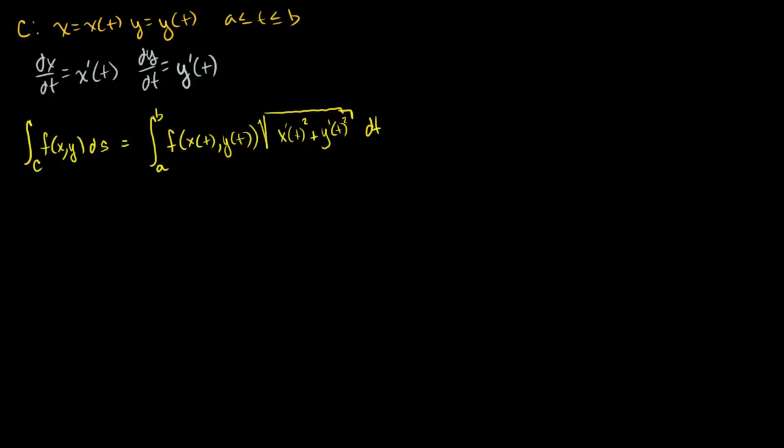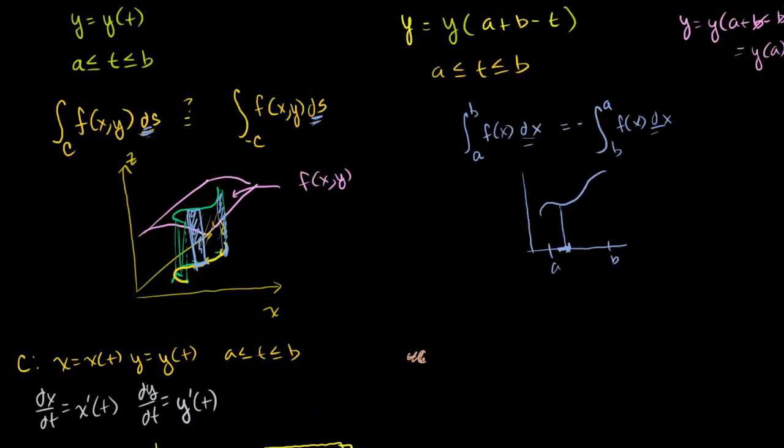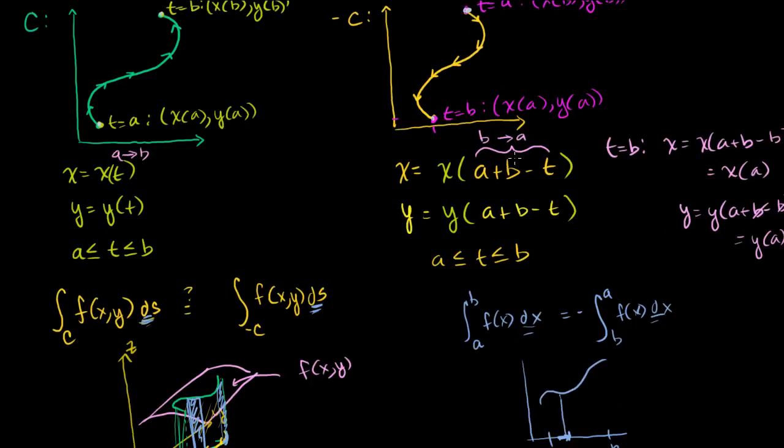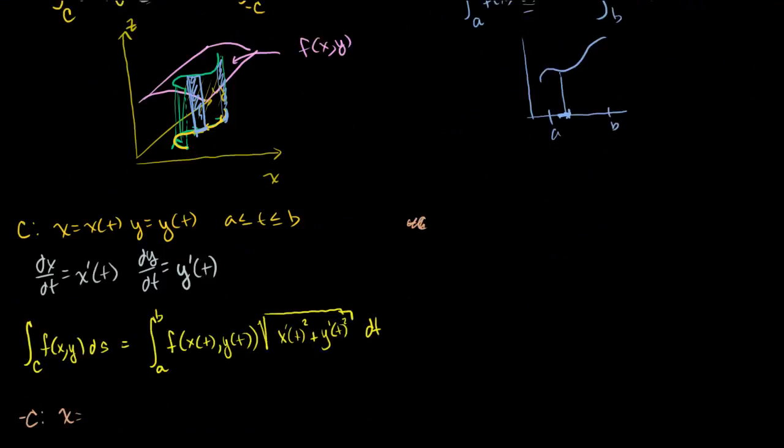Now, let's do the minus c version. I'll do that in this orange color. So the minus c version, actually let me do it down here. You remember this actually just from the last video. x is equal to a plus b minus t.